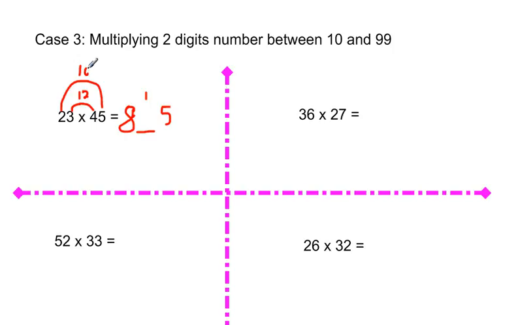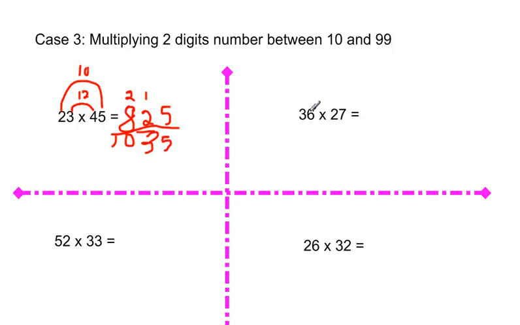And when I add those 2 numbers together, I'm going to get 22. So I'm going to put the 2 here and carry the 2. And when I combine this all the way across, my answer is going to be 1,035. It's a little different, but it's a cute and easy way of doing two-digit multiplication.